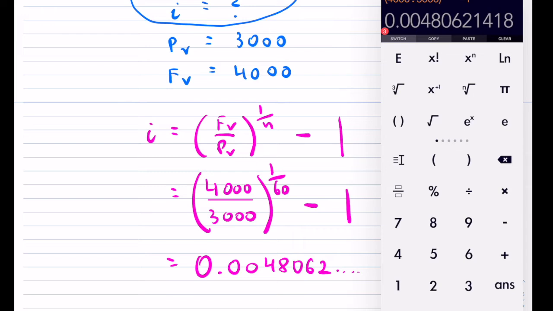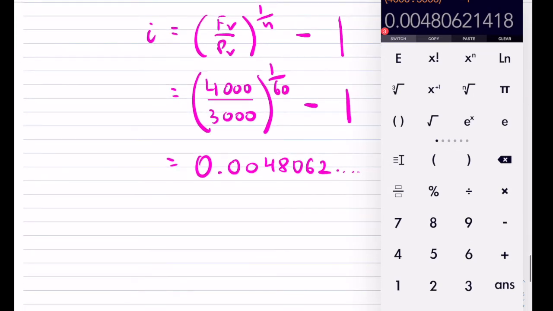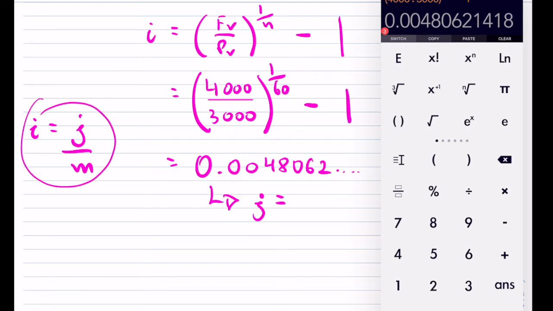That's as a decimal. Now, they're asking us for the nominal rate. So we have to take this, because this is I, and we want to know J. But J is nothing else but I multiplied by M. If you rearrange this formula for J, it is just that.